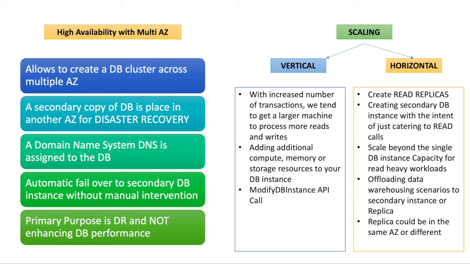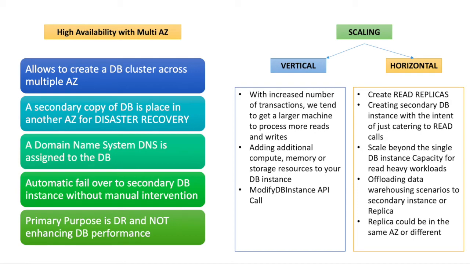So the data load is offloaded, and your primary instance is able to carry on with multiple other transactions because the read related queries have been redirected to another replica. So important to note, this is a performance related thing. High availability with multiple AZ is just for disaster recovery.